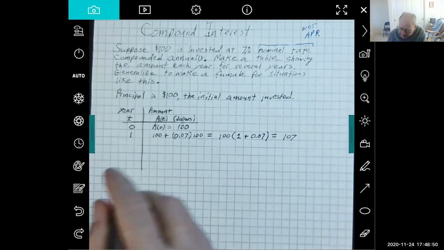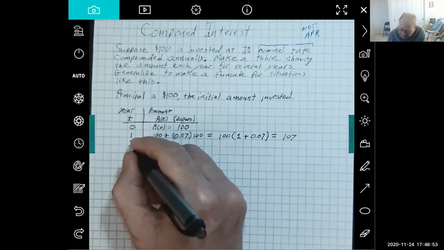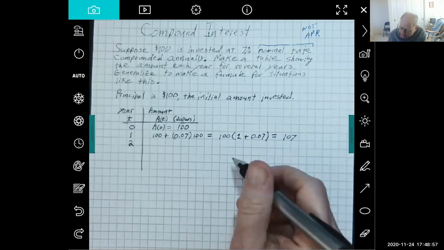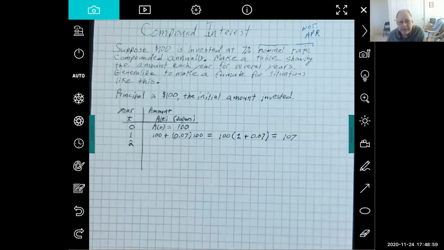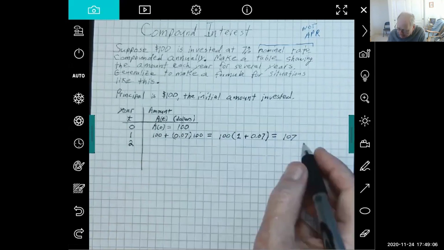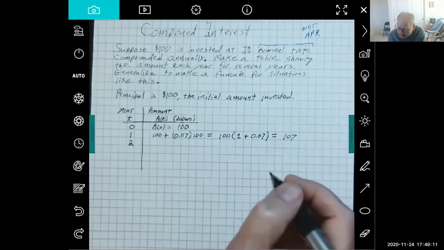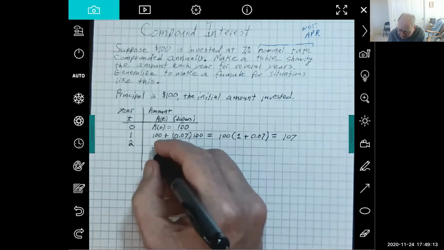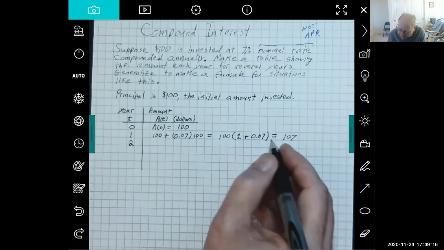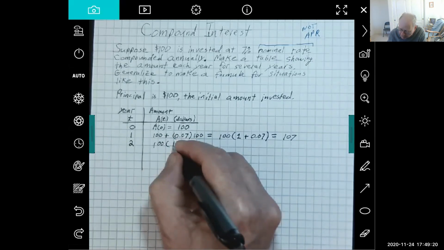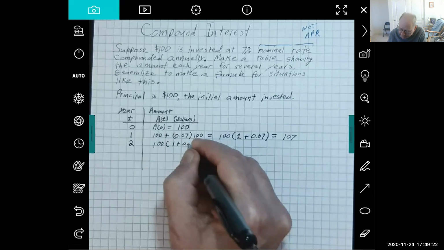Now, when I come to the next year, what happens with the compound interest is you take that 107 that you have at the beginning of the second year, and that's your new principal. So you're going to get the 107 times 1 plus 0.07. So you're going to have what you have up here, 100 times 1 plus 0.07.